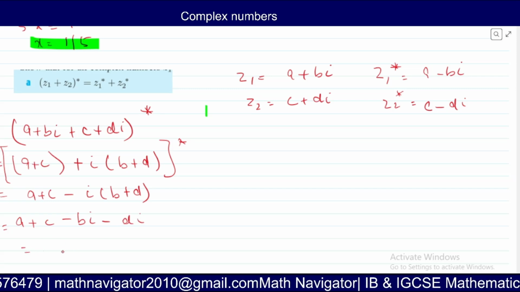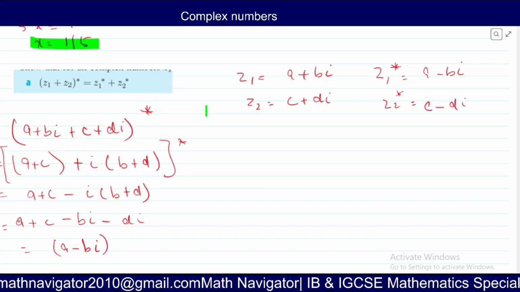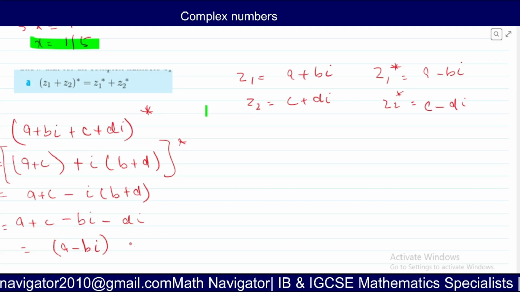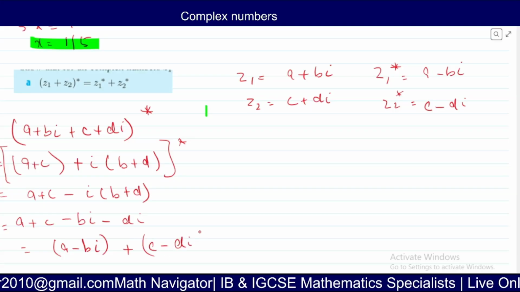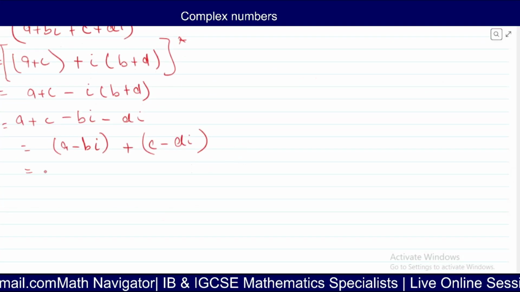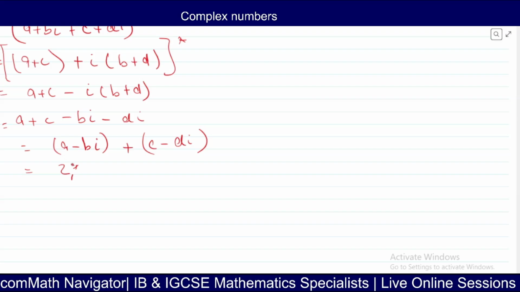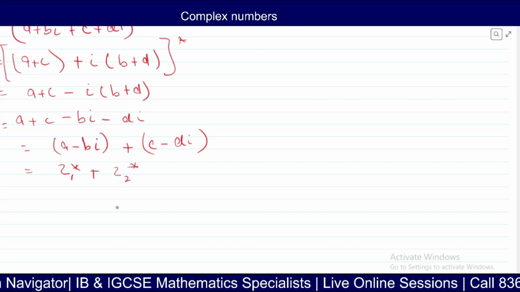What I can write is a minus bi plus c minus di. So a minus bi can be written as z1 conjugate and c minus di can be written as z2 conjugate.